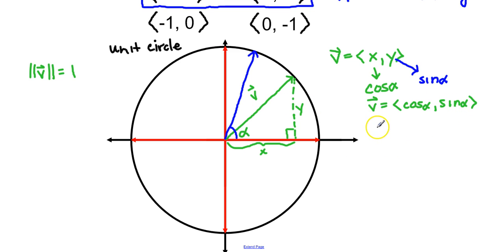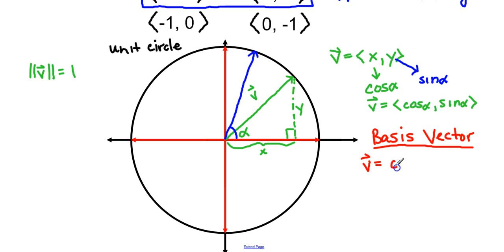So if I want to rewrite this vector v, this unit vector, as a linear combination of basis vectors, what I end up with is vector v is going to be equal to the cosine of alpha, which is my x component.